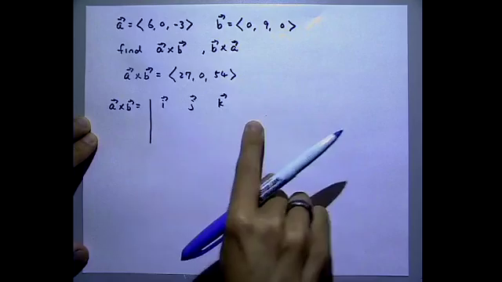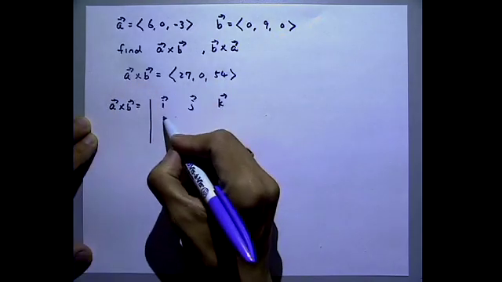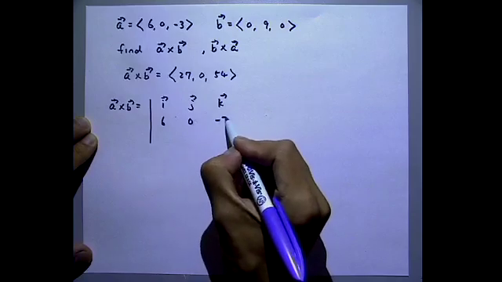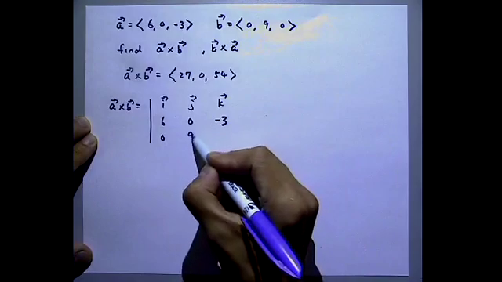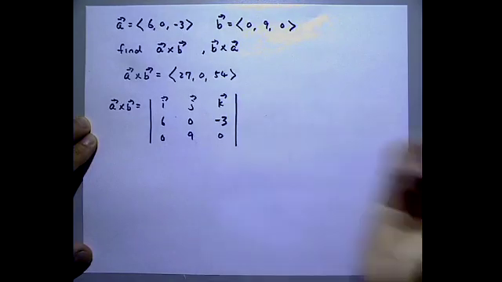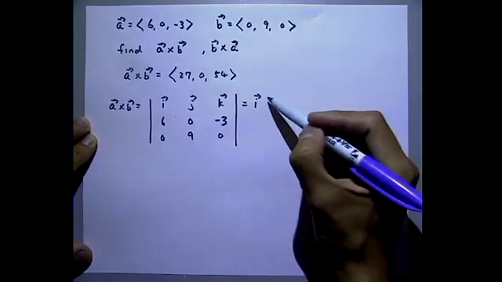Right, first row is always ijk. Second row is the first vector in the operation, 6, 0, minus 3. Last row is the second vector in the operation, 0, 9, 0. Then we go through our determinant process.